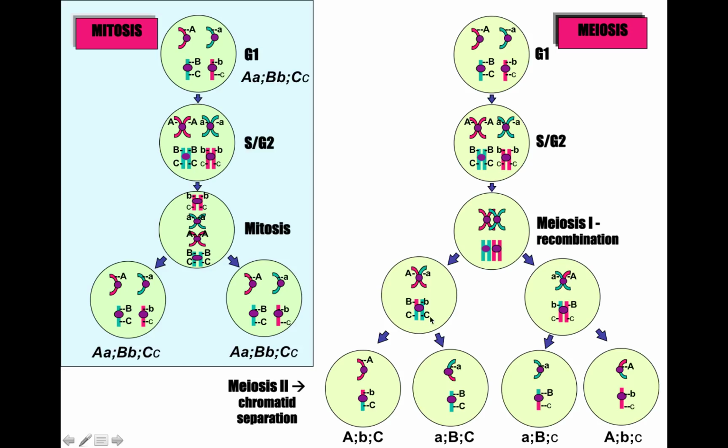And when these 2 cells then divide and the chromatids separate from each other, you can end up with 4 different genetic compositions of each of these 4 cells after meiosis II. You'll have a big A, a little b, and a big C, etc. They're all different.